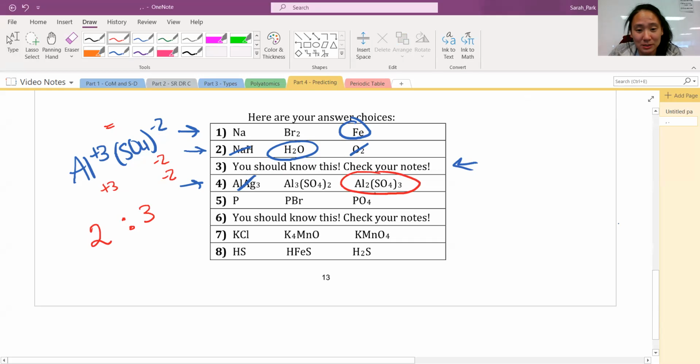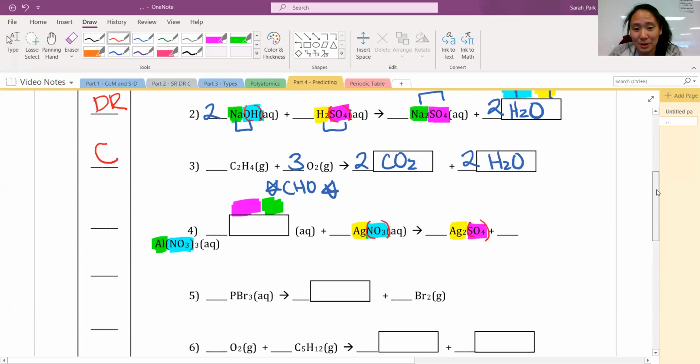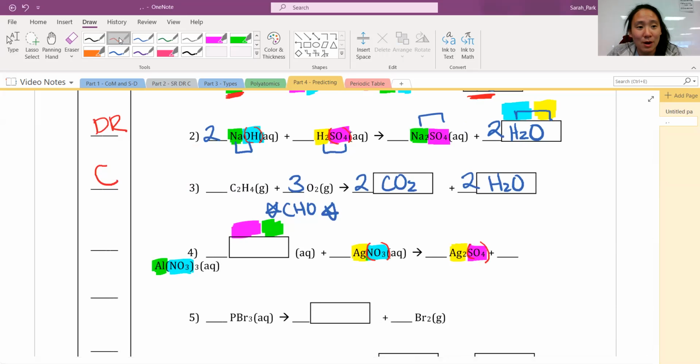It's this one, because I need 2 aluminums for every 3 sulfates. Okay, so it's Al2(SO4)3. So right here, you would write Al2(SO4)3. If you choose the right one, you can tell it's the right one because it's the only one that will balance out correctly.